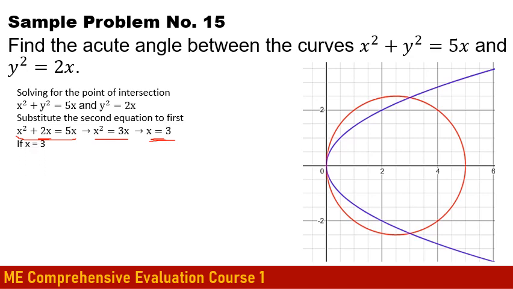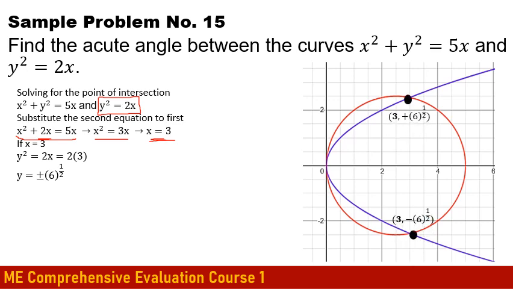So if x is equal to 3, then we can also get the value of y. From y squared is equal to 2x, the second equation, we can also use the first equation, but it's easier to use the second because it's simpler. Substituting x equals 3, the value of y will be plus or minus the square root of 6, or 6 to the power of 1/2.